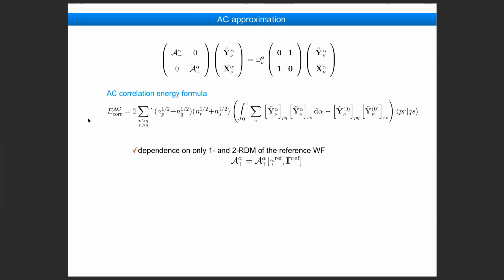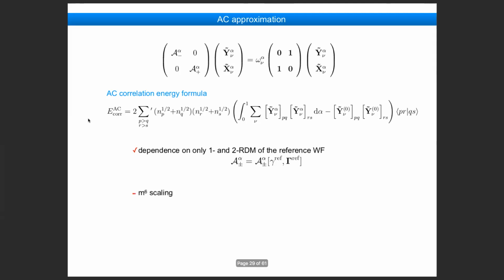Okay, so the benefit is that from the computational point of view, the cost only depends on 1 and 2 RDMs. So once you have the wave function, you compute 1 and 2 electron RDMs, and you plug them into the RPA equation, you solve it at a few values of alpha, and then you compute the correlation energy.